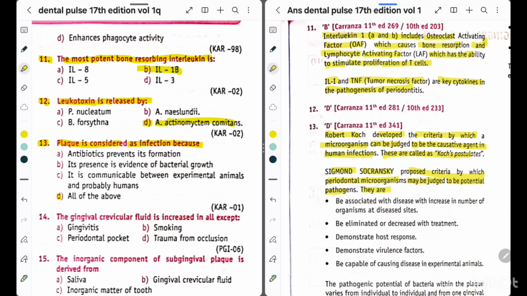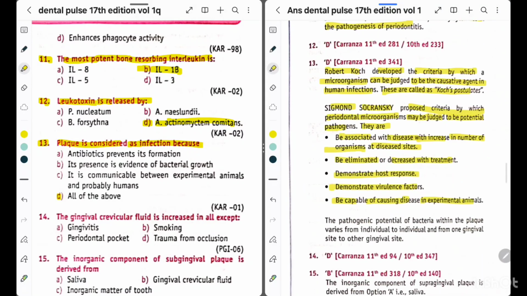They are: be associated with disease with increase in number of organisms at diseased sites, be eliminated or decreased with treatment, demonstrate host response, demonstrate virulence factor, and be capable of causing disease in experimental animals. The pathogenic potential of bacteria within the plaque varies from individual to individual and from one gingival site to other gingival site.